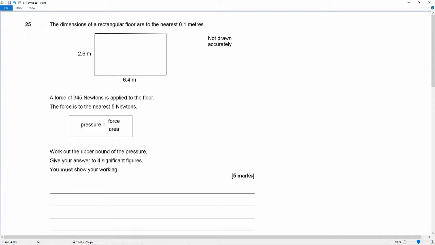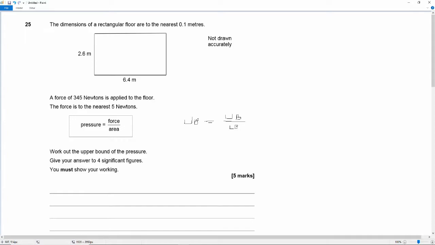Okay, so with a fraction, the upper bound is equal to the upper bound divided by the lower bound, because the smaller the number on the bottom of the fraction, the bigger the whole thing is, and the bigger the number on the top, the bigger the whole thing is.